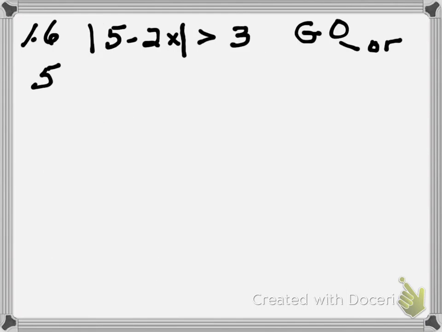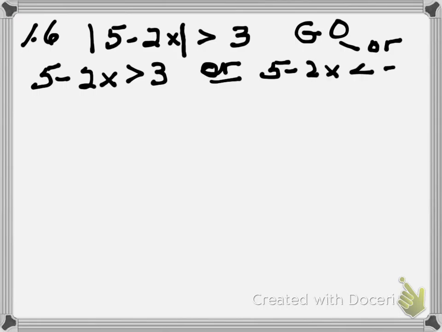I have 5 minus 2x is greater than 3, or 5 minus 2x is less than negative 3. The only thing that changes is the and or the or based on whether you have a less than or equal to, or greater than or equal to. Now, negative 2x is greater than negative 2.